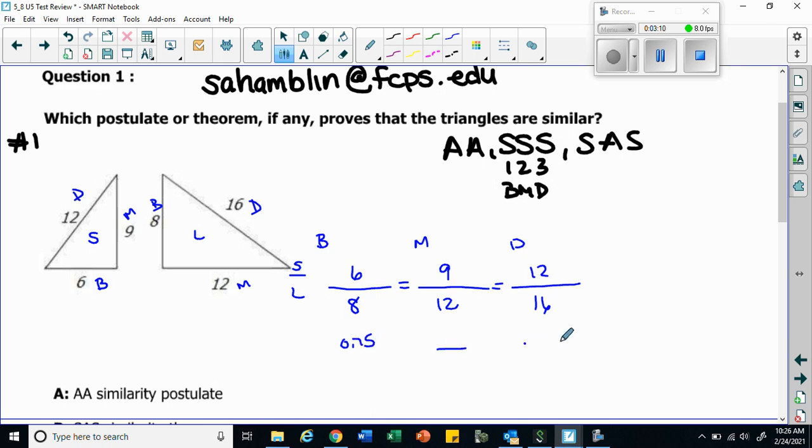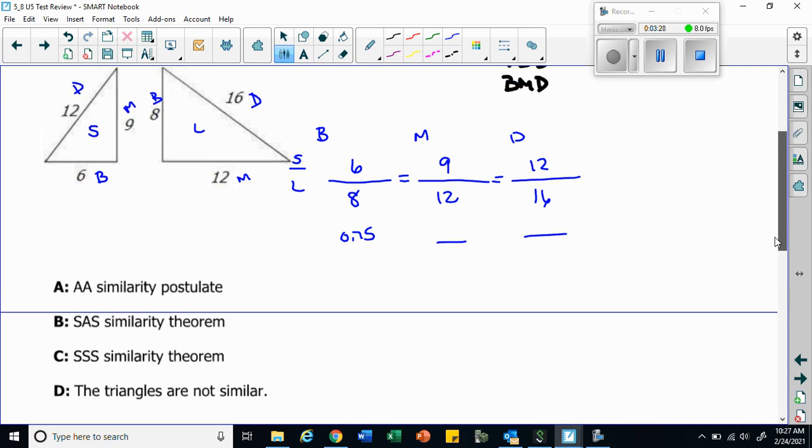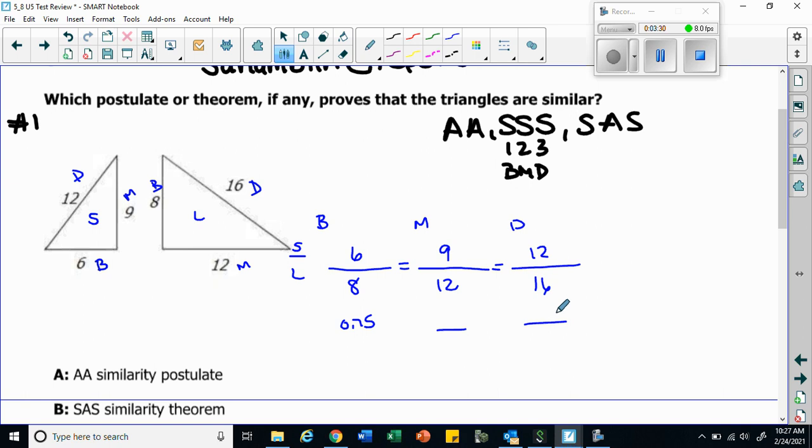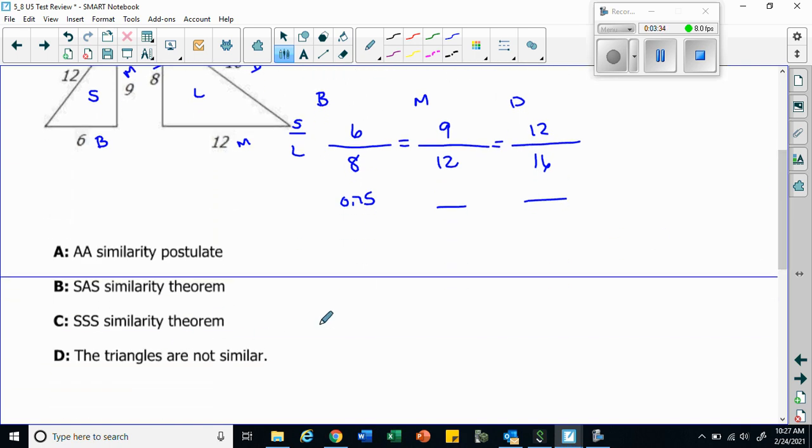I'm going to leave it up to you to figure out the last two so you can decide if they are indeed side, side, side. If all three of these decimals come out to be the same, then you can say that there's a side, side, side similarity theorem. If these do not come out the same, then you can say the triangles are not similar.